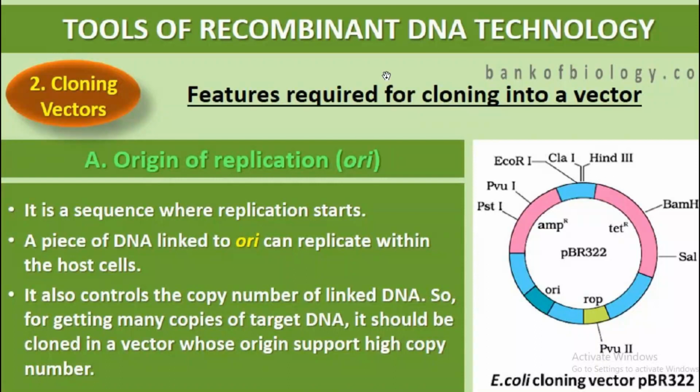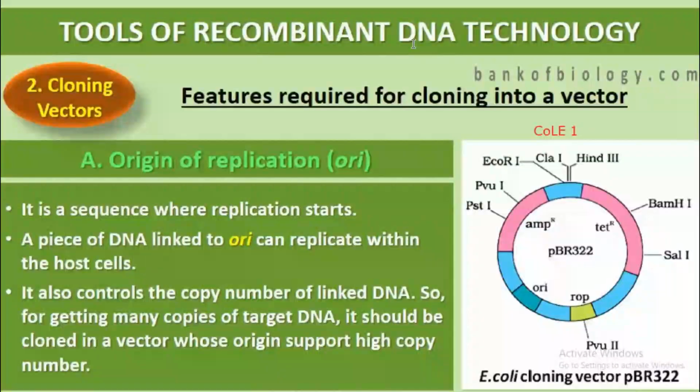So, what is the name of the plasmid which is isolated from E. coli bacteria? ColE1 is the natural plasmid that is isolated from Escherichia coli bacteria. The modification of ColE1 is pBR322.